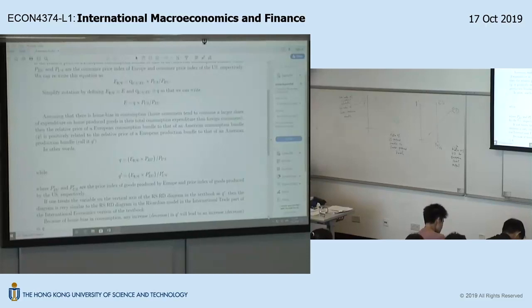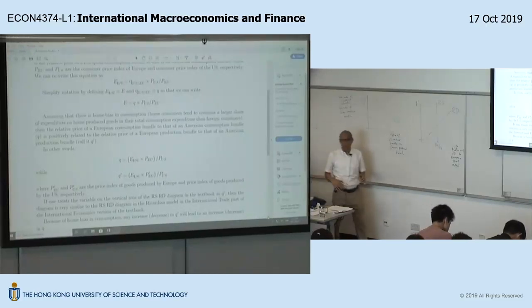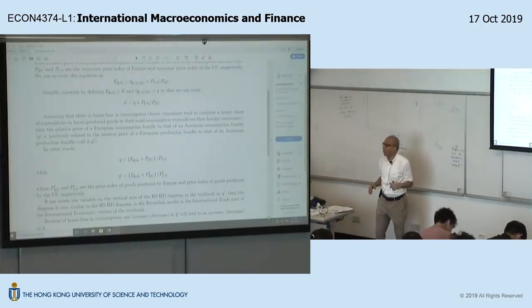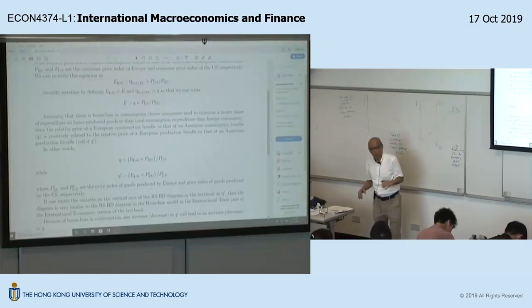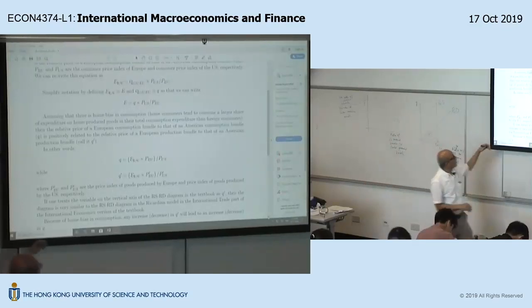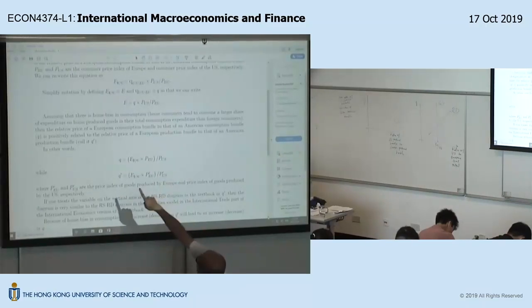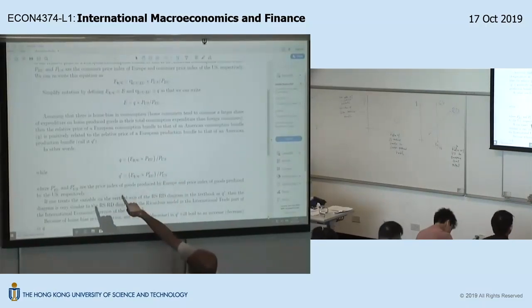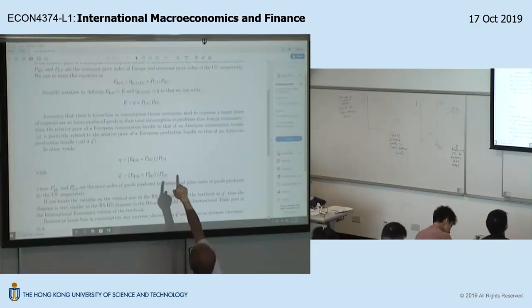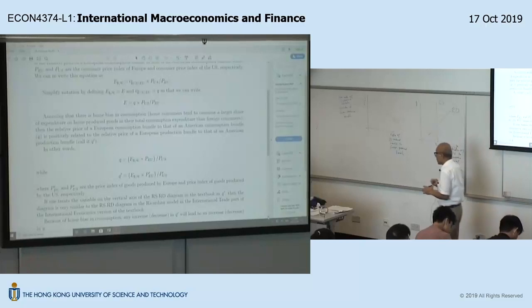So they tend to be correlated like that. This is what we mean by home bias, okay? Because this Q, what is Q? Q is the relative price of the European consumption bundle to that of an American consumption bundle.